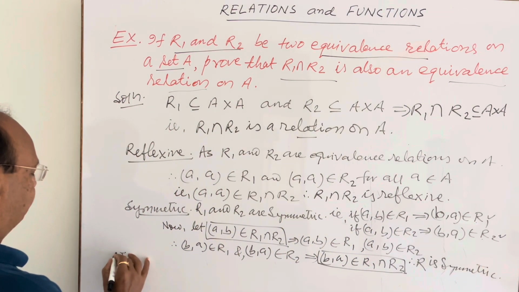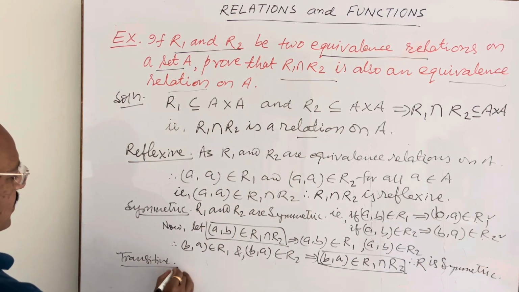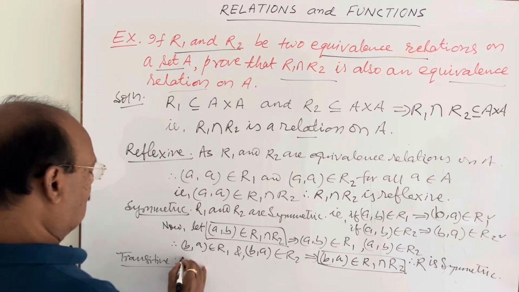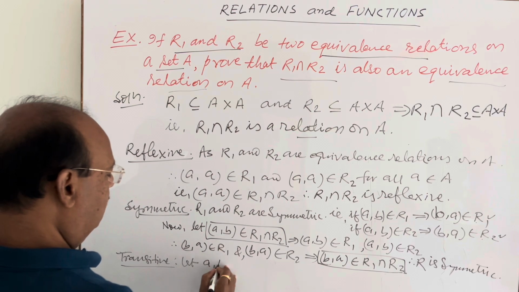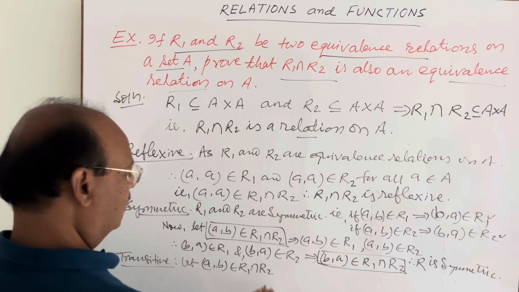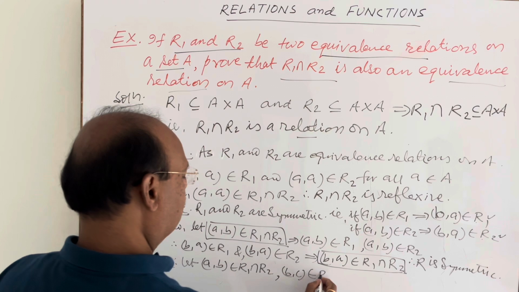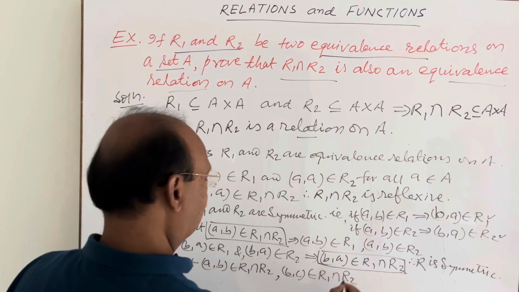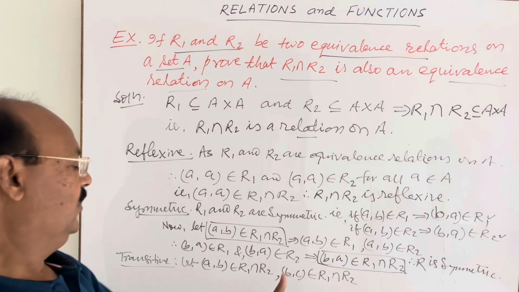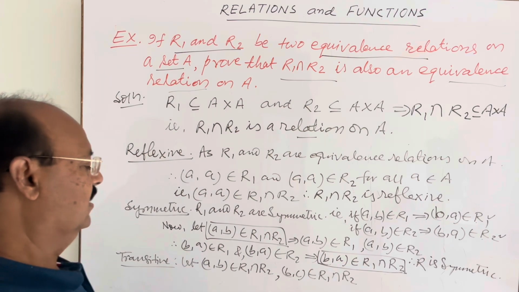Now third, we have to show that the relation R1 intersection R2 is transitive also. Let us suppose that (a, b) belongs to R1 intersection R2 and (b, c) belongs to R1 intersection R2. For showing that this relation is transitive, we have to show that (a, c) belongs to R1 intersection R2.